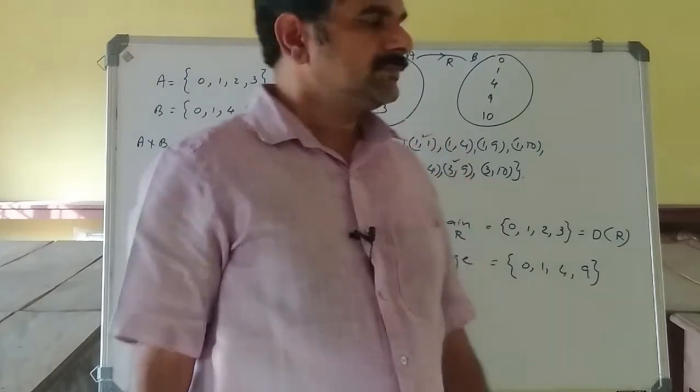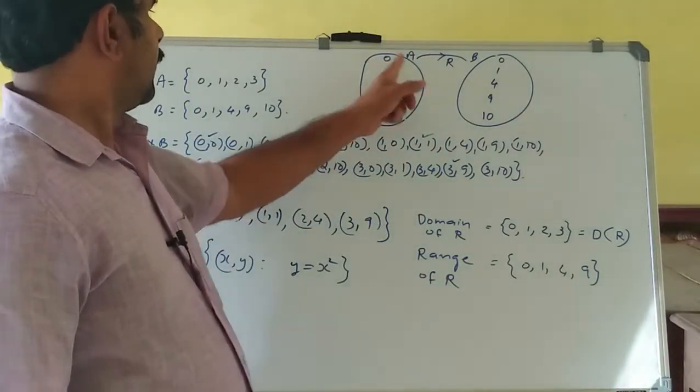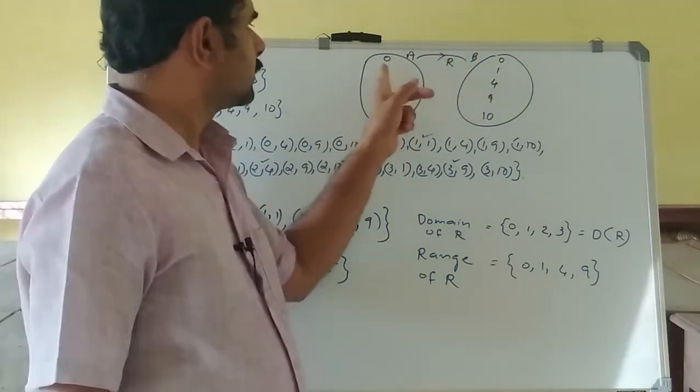Once again, listen here, A and B. Now I am taking these two sets with arrow marks.